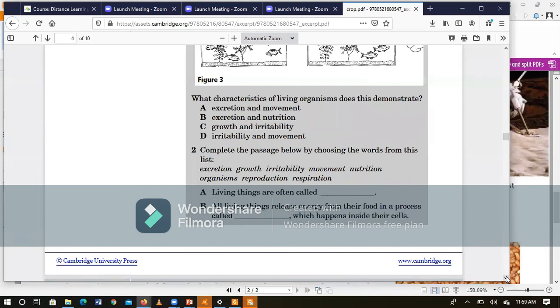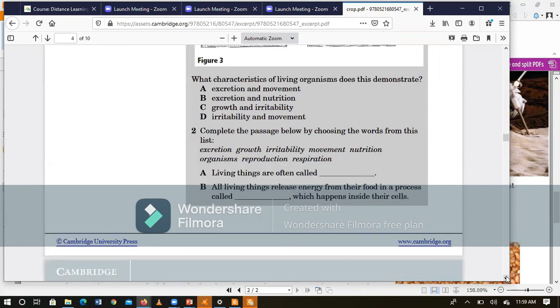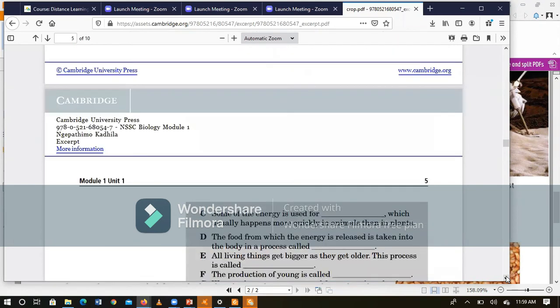Movement, yes, movement needs energy. Reproduction: for you to be able to reproduce, you need energy. And then excretion as well. All processes actually need energy, even nutrition, because if you want to take in food, you also need energy.